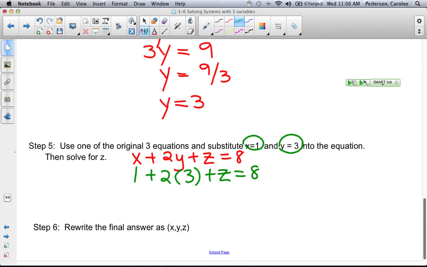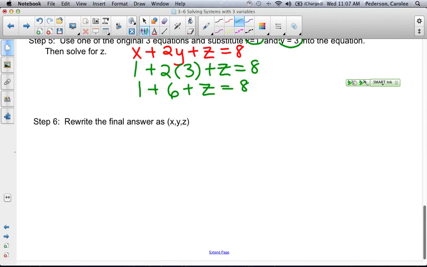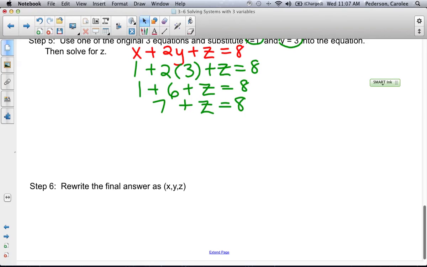Now I solve the equation for z. 1 plus 6 plus z equals 8. I'm going to add like terms together. So the 1 and the 6 becomes 7 plus z equals 8. And then I'm going to subtract 7 from both sides.